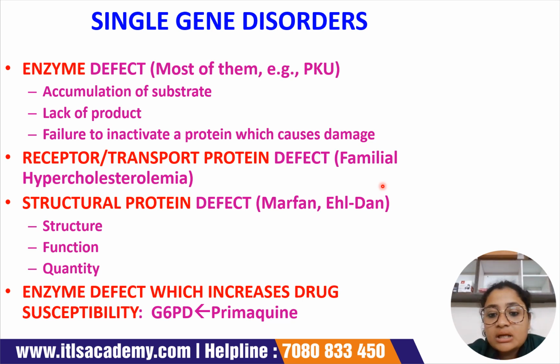If the enzyme was there, it would be able to convert that protein into some other substance or compound, and the damage or toxic effect the protein was producing could have been surpassed.